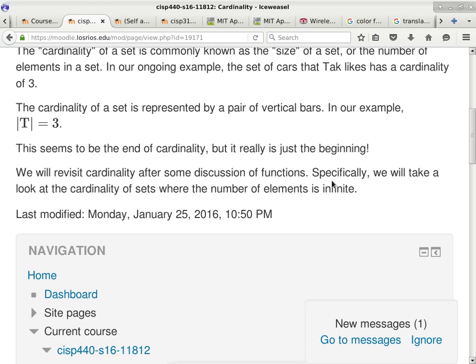Later on, we will look at cardinality even for certain sets where the number of elements is actually infinite. Because there are 2 types of sets where the number of elements is infinite. One is countable and the other one is uncountable.